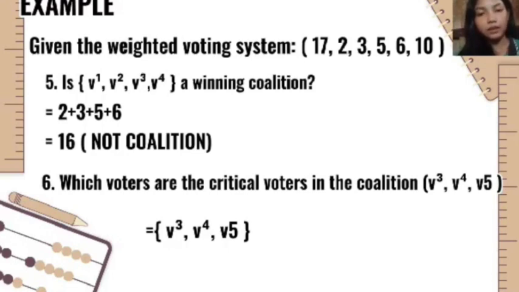Hindi na, dahil 6 plus 10 equals 16, and the quota is 17. So our V3 is a critical voter now. Let's try the 6. Kapag inalis ko ang 6, winning coalition pa rin ba? 5 plus 10 equals 15. So hindi na. It means our V4 is a critical voter now. The same thing sa V5. Magiging critical voter na din siya.